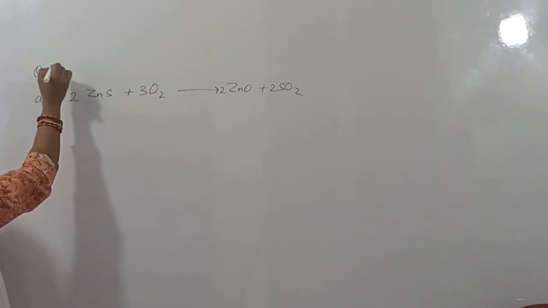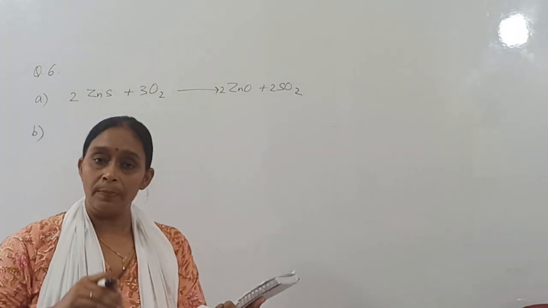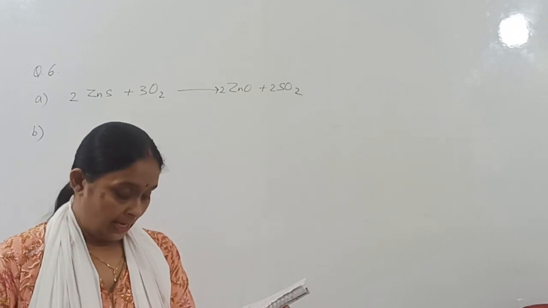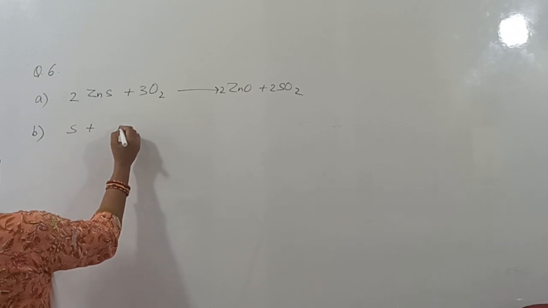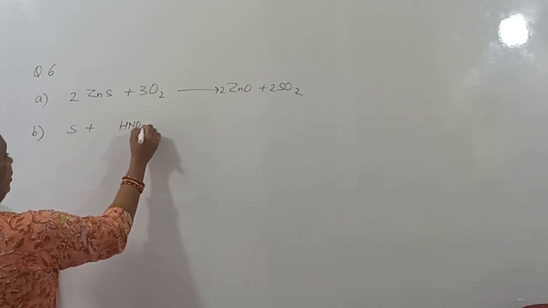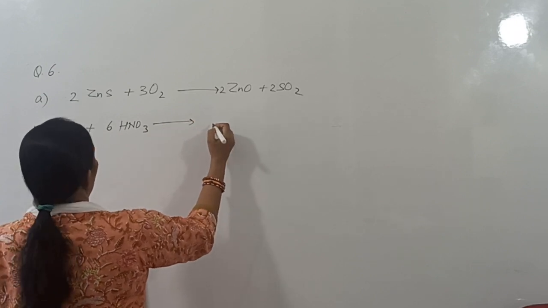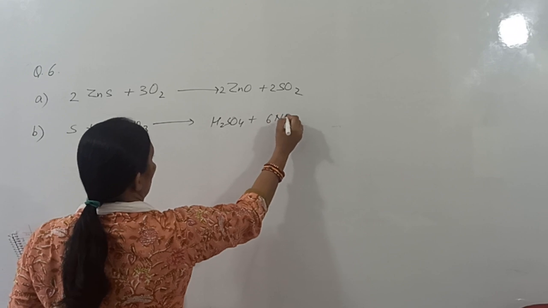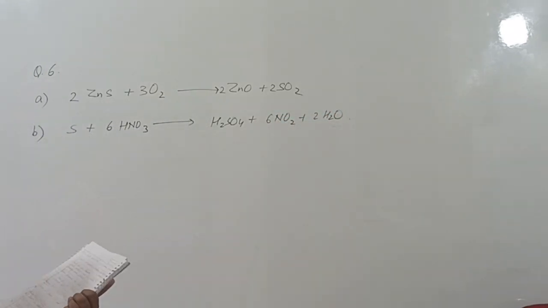This is question number 6A part. Then B part says, sulfur plus nitric acid gives sulfuric acid, nitrogen dioxide and water. So sulfur plus nitric acid, HNO3, 6 molecules of it you will take, so it will give S plus 6 HNO3 gives H2SO4 plus 6 NO2 plus 2 H2O molecules.